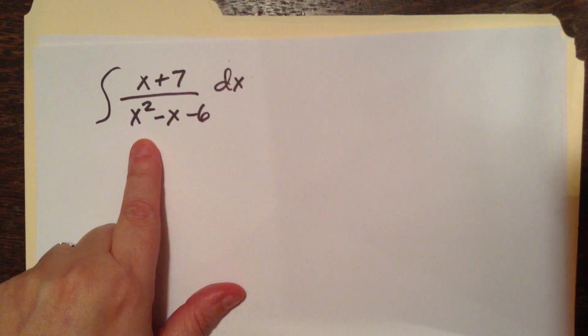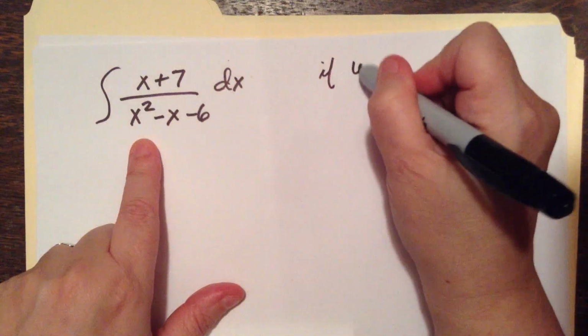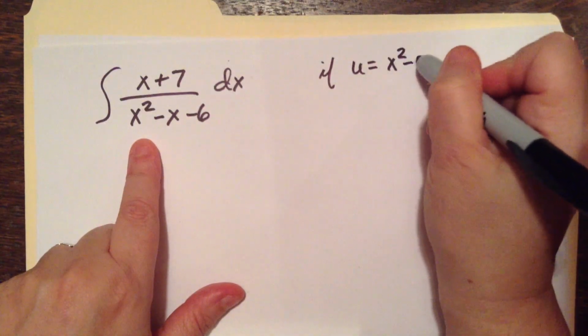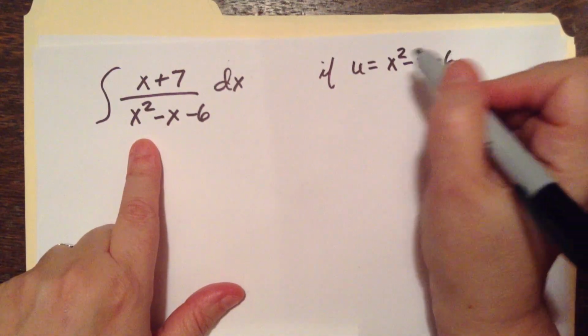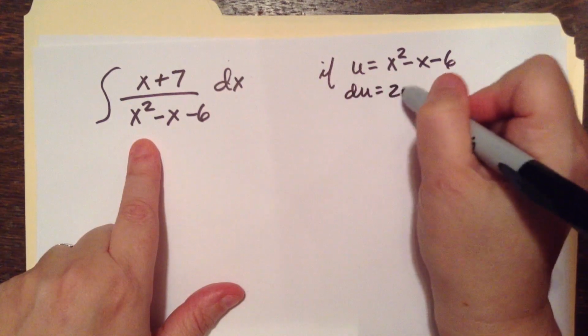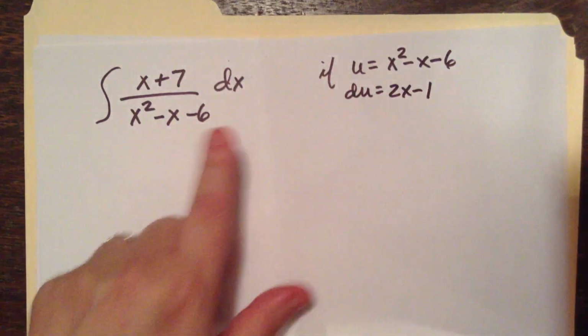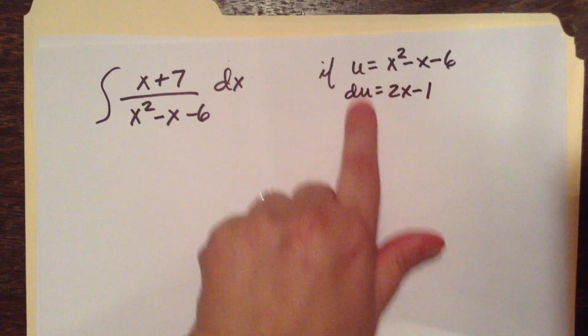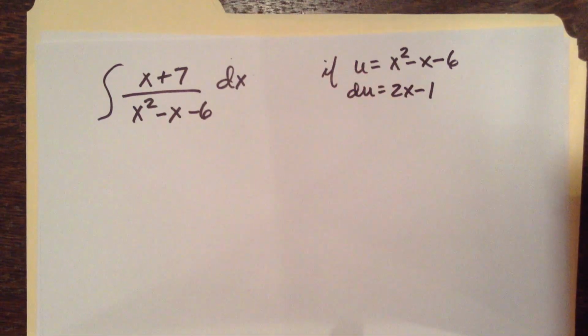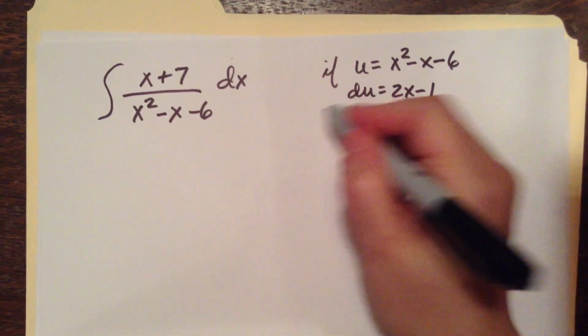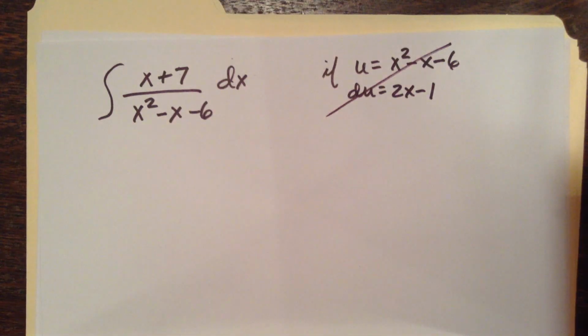Well, if you let u be x squared minus x minus 6, then you see that du is 2x minus 1. Clearly, the numerator here is not the derivative of the denominator, so it's not going to go into the natural log. So that method won't work. This is why we're going to need to look at this method called partial fractions.